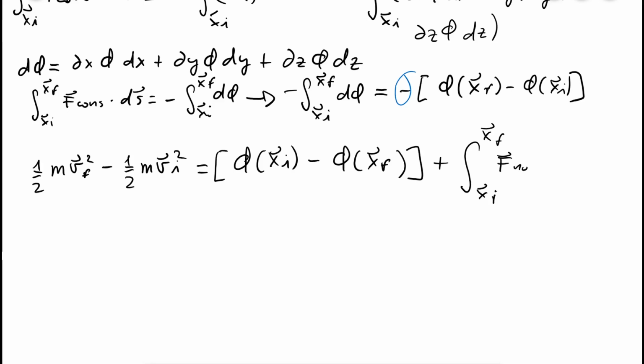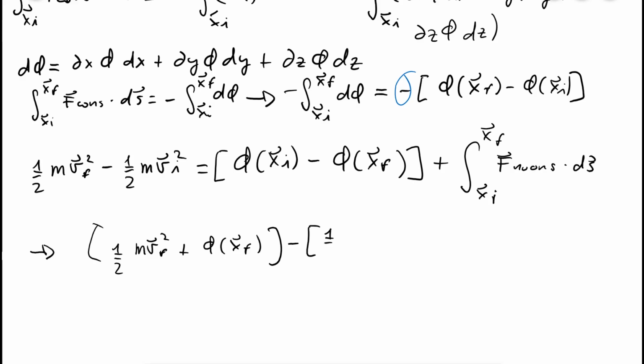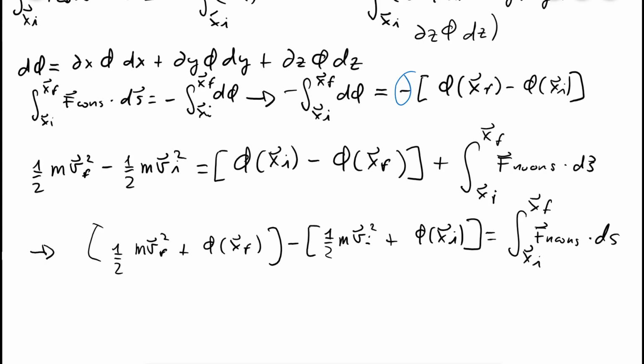and you must add the work done by all the non-conservative forces, which is the integral of F non-conservative dot ds. And so you get that one half m vf squared plus phi of xf, you can gather these terms, minus one half m vi squared plus phi of xi, is going to equal the integral from xi to xf of F non-conservative dot ds.